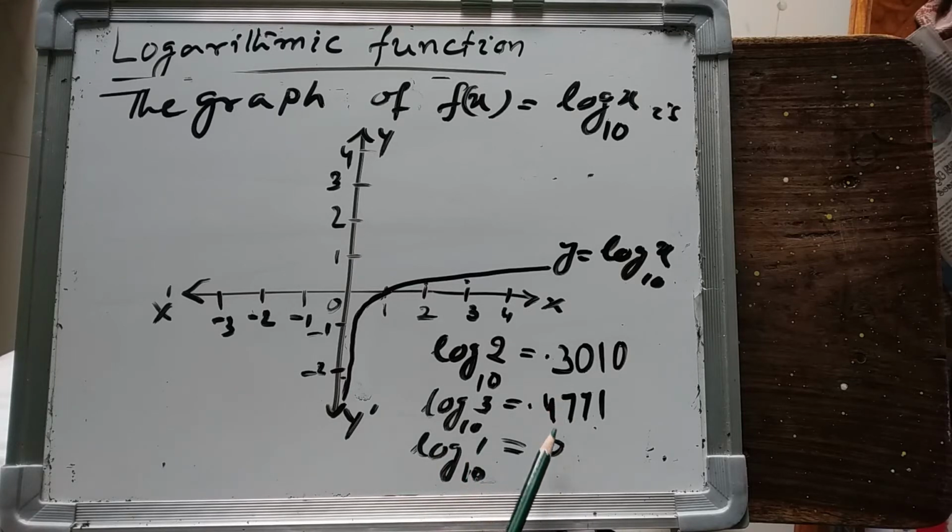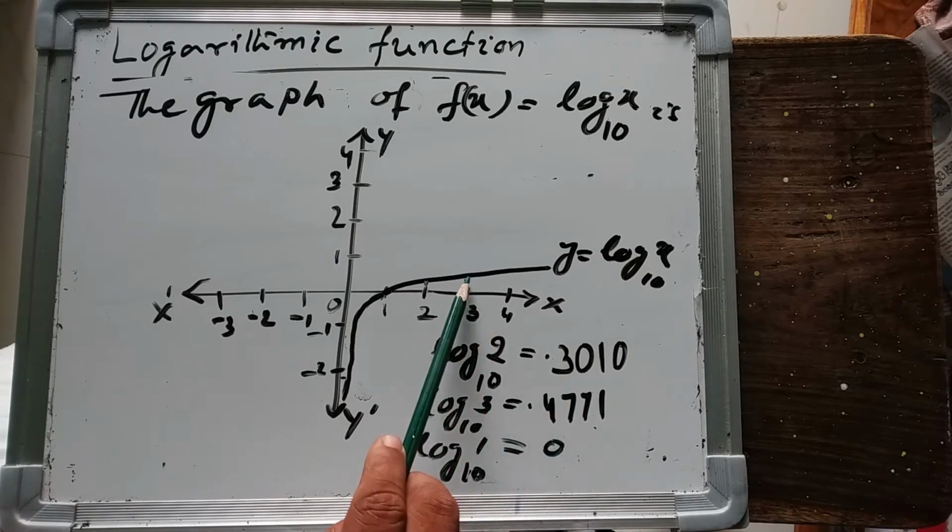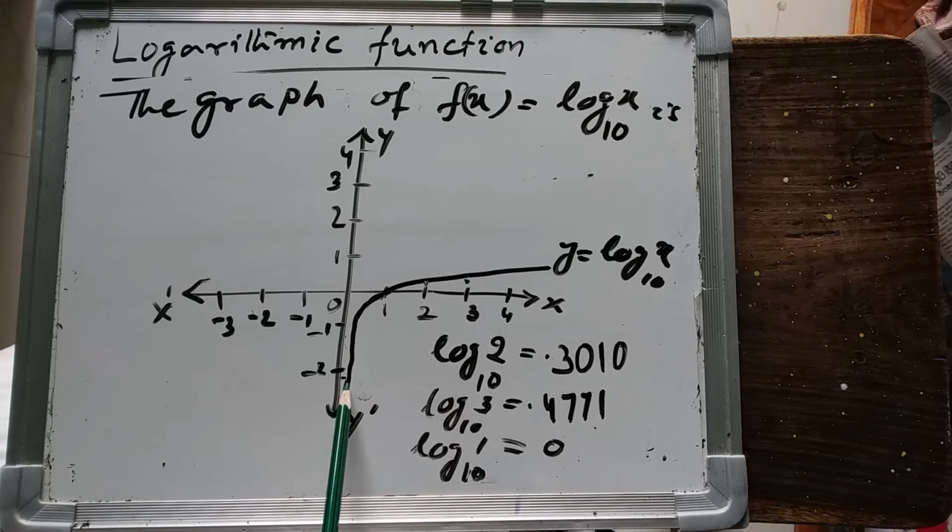We put these values and locate the points: x value 1, y value 0; x value 2, y value 0.3; and x value 3, y value 0.4771 here. So this is my graph.